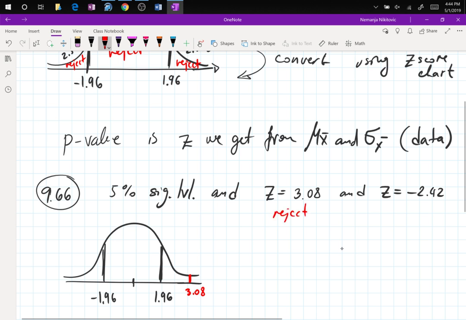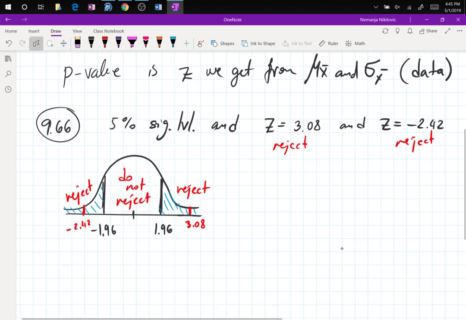And the other one is negative 2.42, which is here, which is also reject. Reject, reject, do not reject. So your rejection region is shaded blue, and as you can see, both of these test statistics ended up in the rejection region.